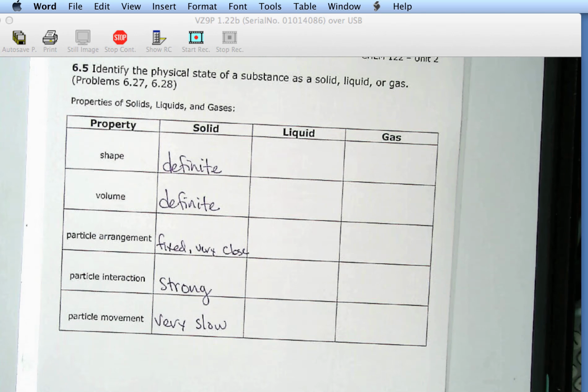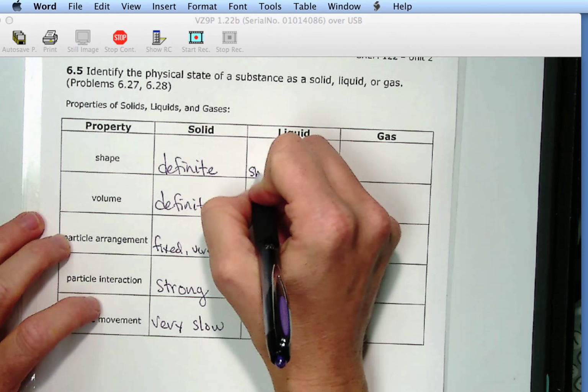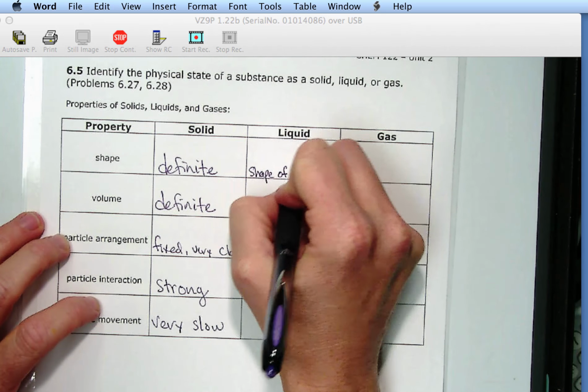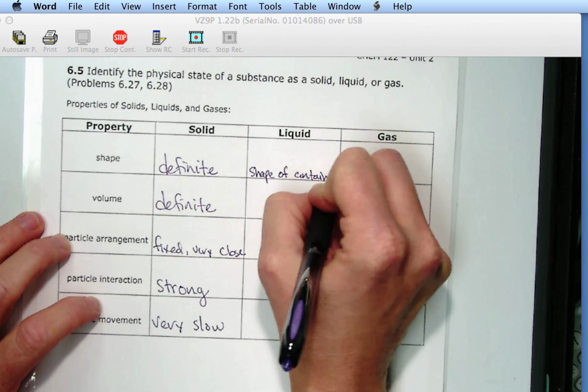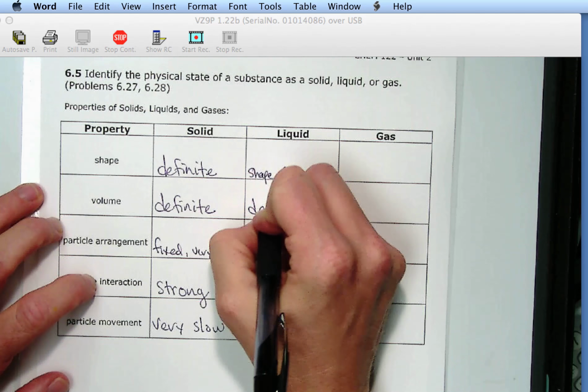Now a liquid. Does a liquid have shape? If it's in a container, excellent. So it takes on the shape of a container, or whatever container it is. So shape of container. Does a liquid have volume? Yes. You use your graduated cylinder for it, so definite.